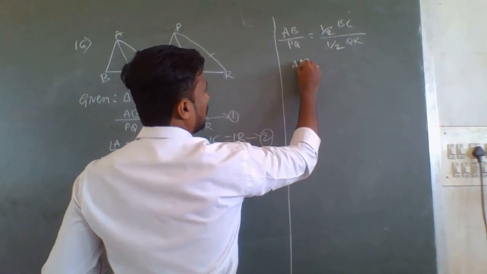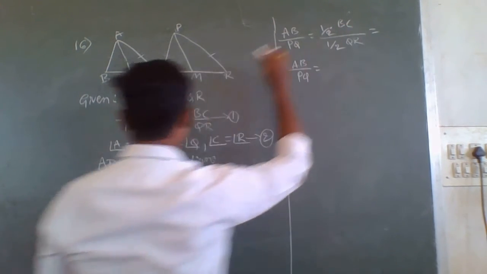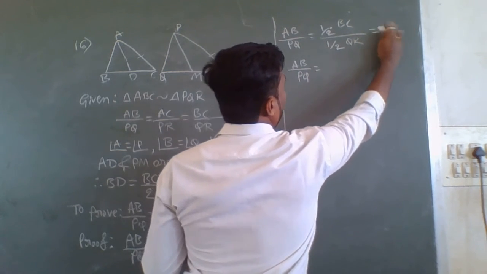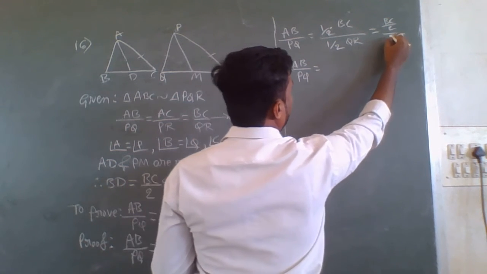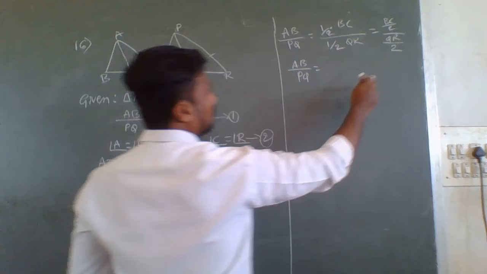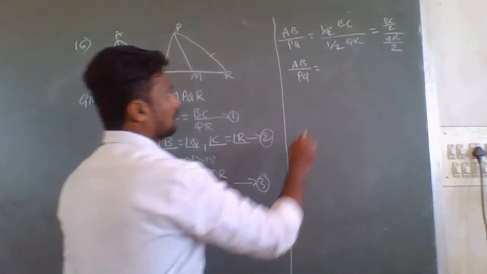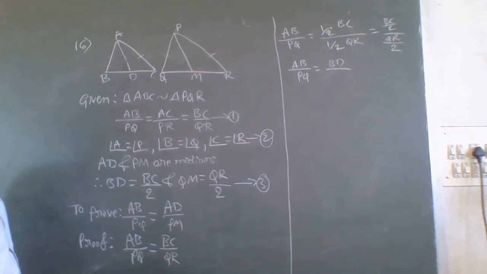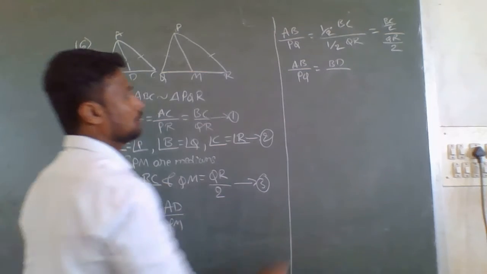Here 1 by 2 QR means QR by 2, and QR by 2 means QM.